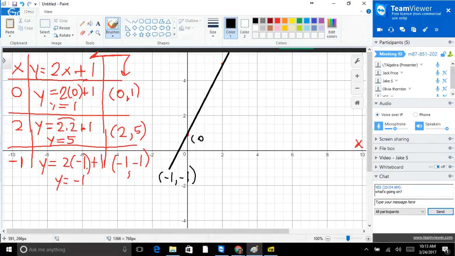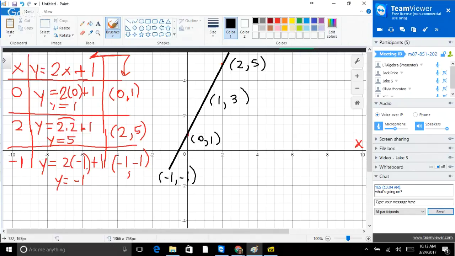Another answer is 0, 1. Another answer up here is 2, 5. Because I drew my graph accurately, it looks like there's another answer here. That's when x equals 1, y equals 3. We can check if that's a solution: when x equals 1, it's 2 times 1 plus 1, which is 3, and that's a solution.